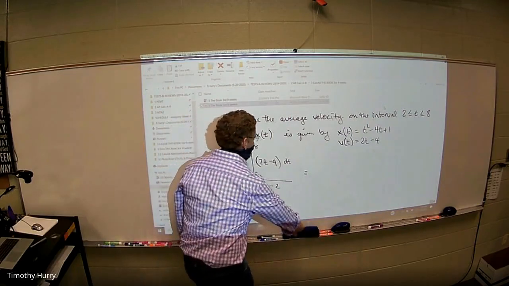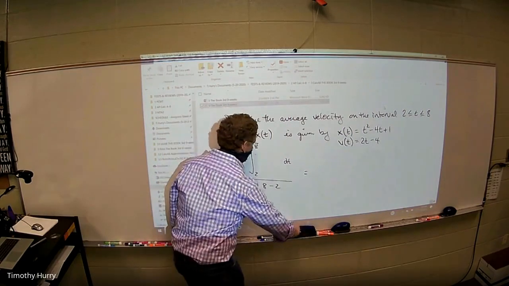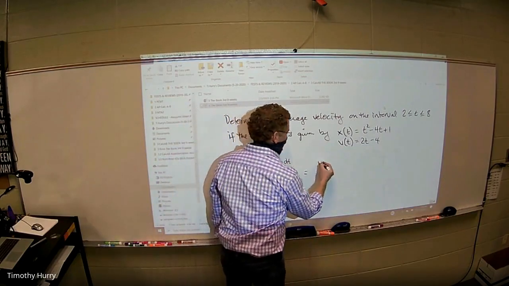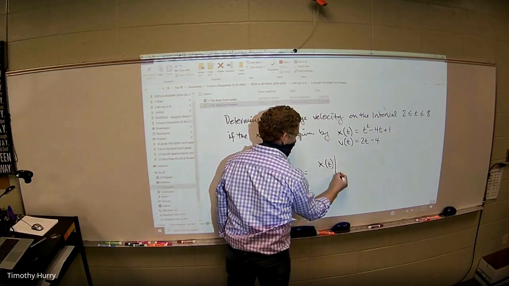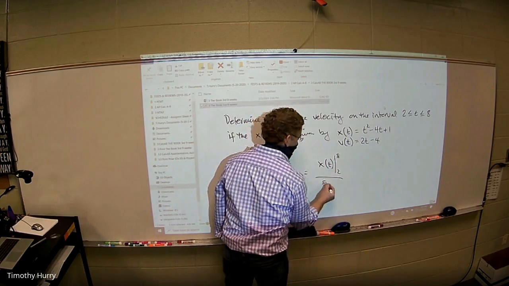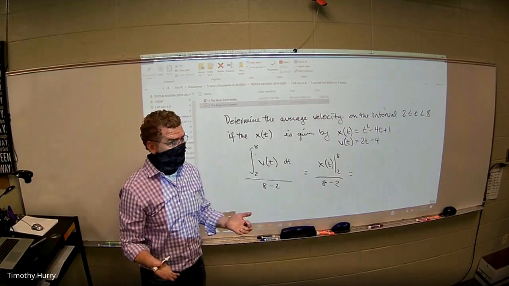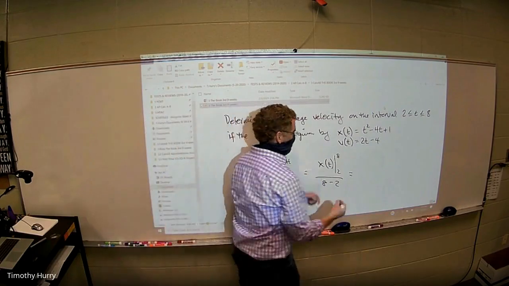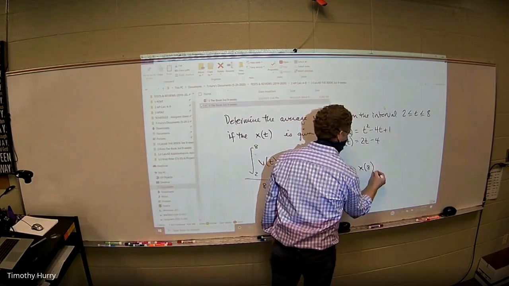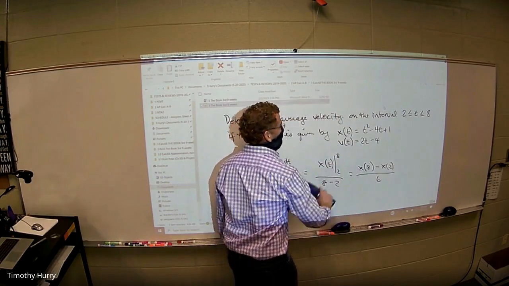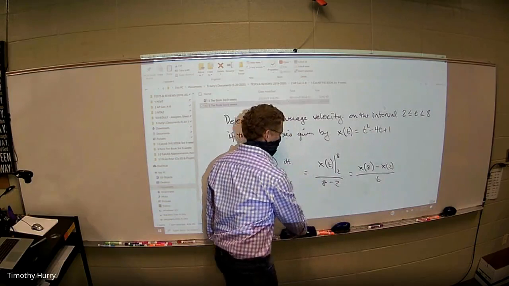So why don't you just think, wait, if I integrate the velocity function, I get the position function from 2 to 8, right? Well, then just find x of 8 minus x of 2. And I don't even need that.